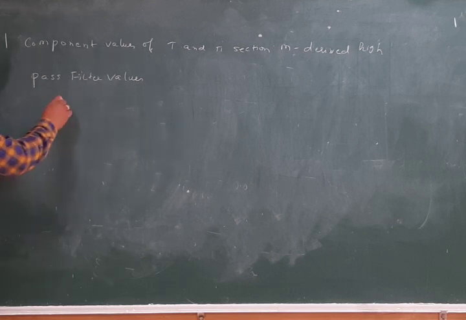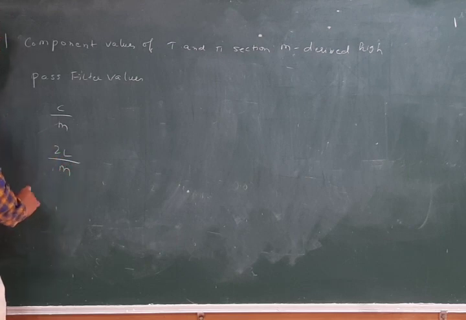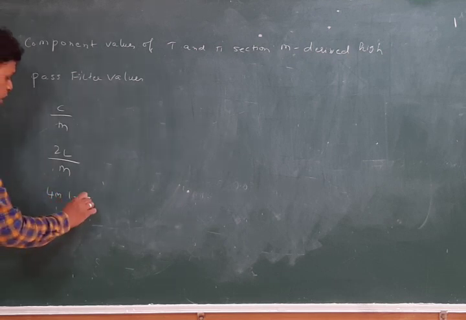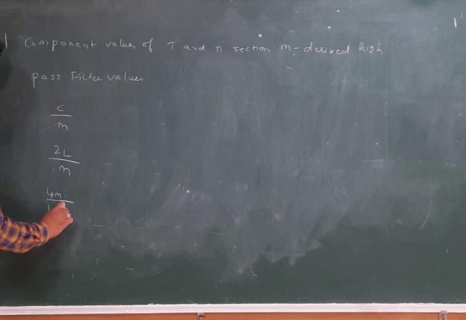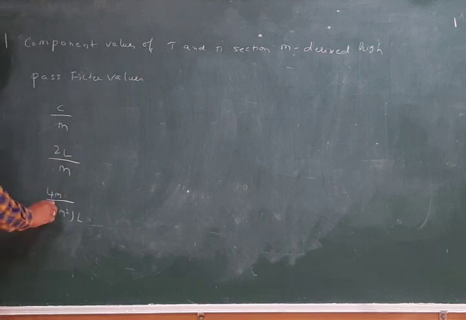The values you have to find out here are C by M, 2L by M, and one more value, that is 4M by (1 minus M square) into L. So we have to write these values first: C by M, 2L by M, and 4M by (1 minus M square) into L.